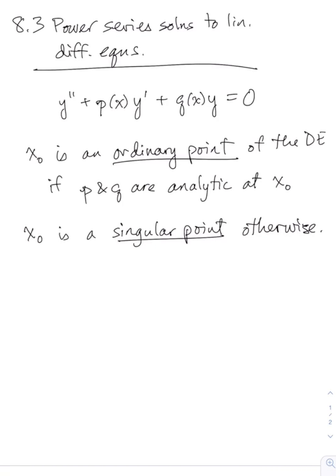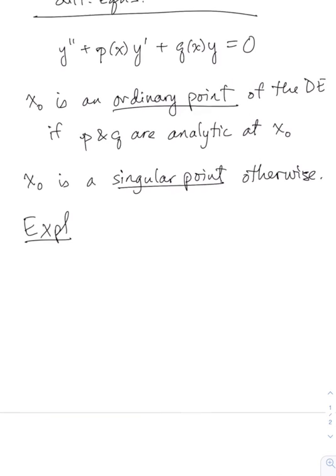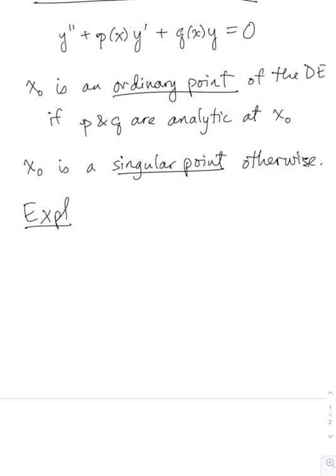So let's look at an example of just trying to identify what kind of point x0 is. So let's look at this differential equation. x y double prime plus x times 1 minus x to the negative 1 times y prime plus the sine of x times y is equal to 0.